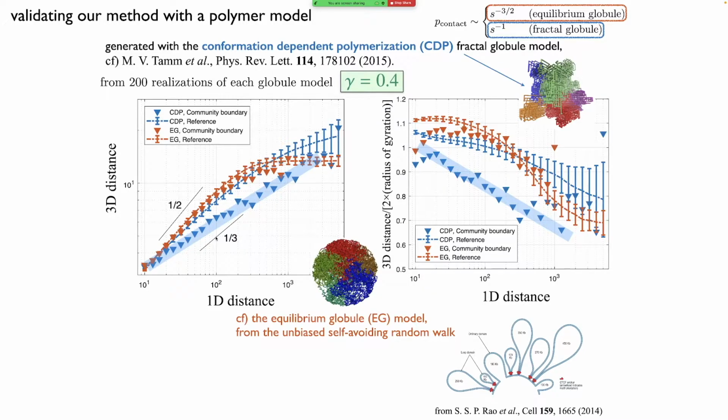For example, the distance for randomly chosen nodes is compared in the case of the equilibrium globule model, both for intra-community nodes and randomly chosen nodes. And this clearly distinct scaling behavior for the CDP model's intra-community structure holds for the rescaled 3D distance divided by the radius of gyration as well. So it means that our community detection indeed identifies loops or at least compact substructures.